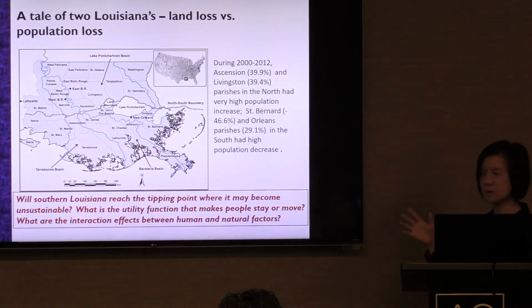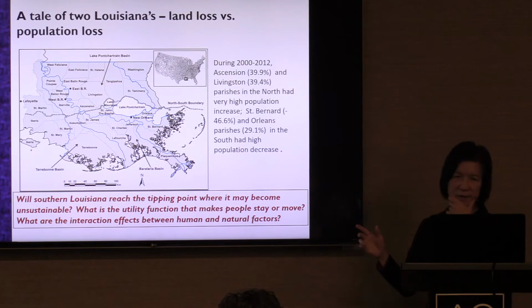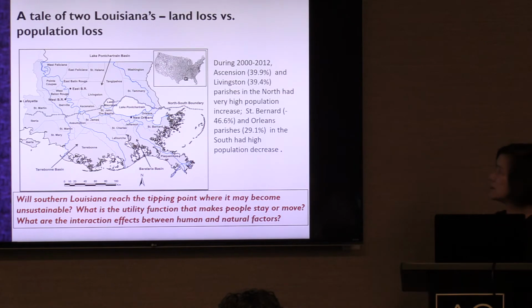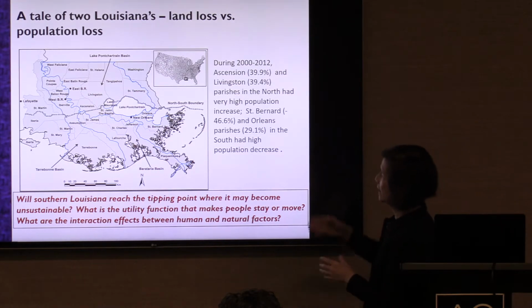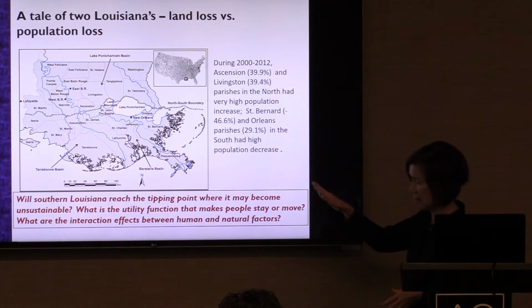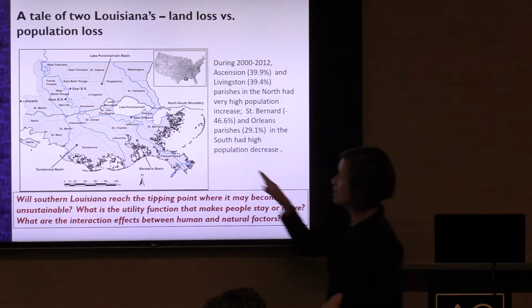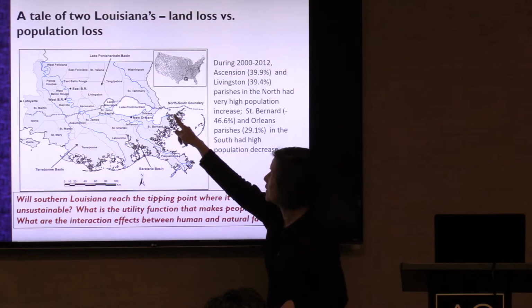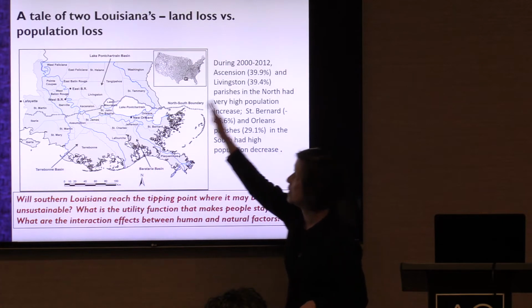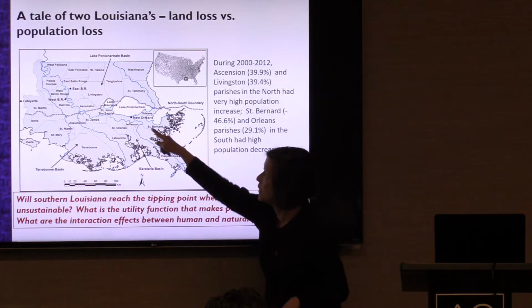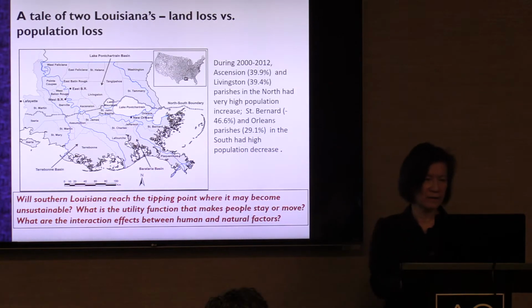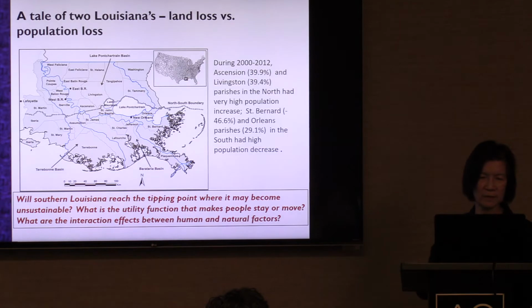Okay, so we had a project, actually six or 7 years ago, it's finished. And we look at the region as a coupled natural human system. If you have an imaginary north-south boundary, this is New Orleans, and this is Lake Pontchartrain.